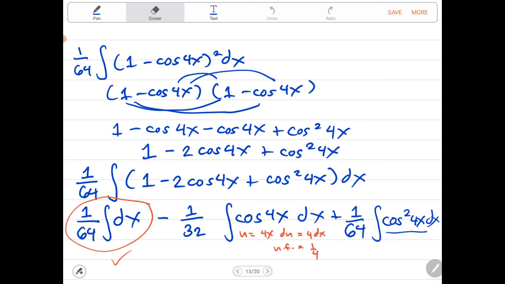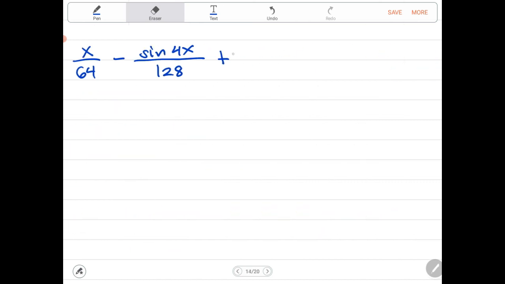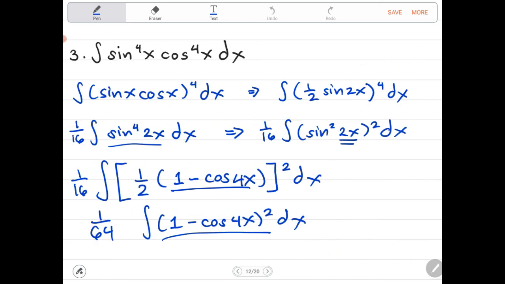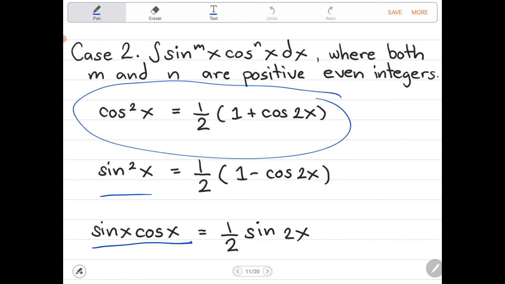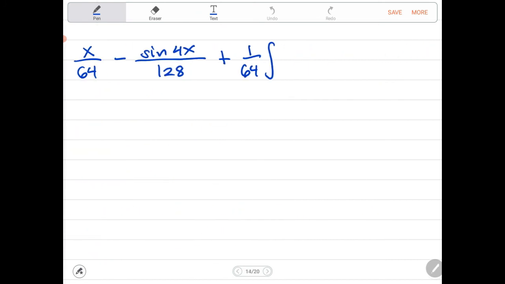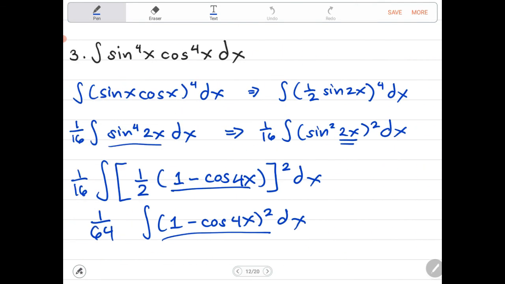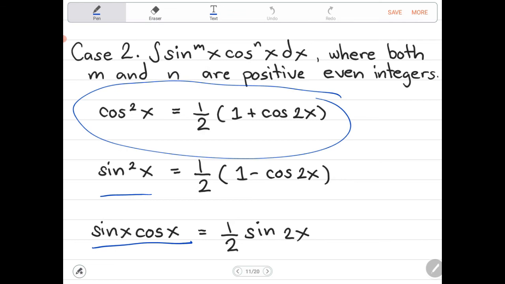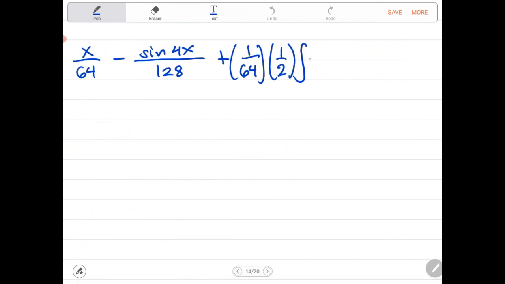okay, this one plus 1 over 64. The integral of, what substitution are we going to use for cosine squared? Ayan, so 1/2. We can remove the 1/2, the constant 1/2, no? We can bring it outside the integral. So, 1/2. This is the 1/2. The integral of, so what substitution? 1 plus cosine 2x. 1 plus cosine 2x.